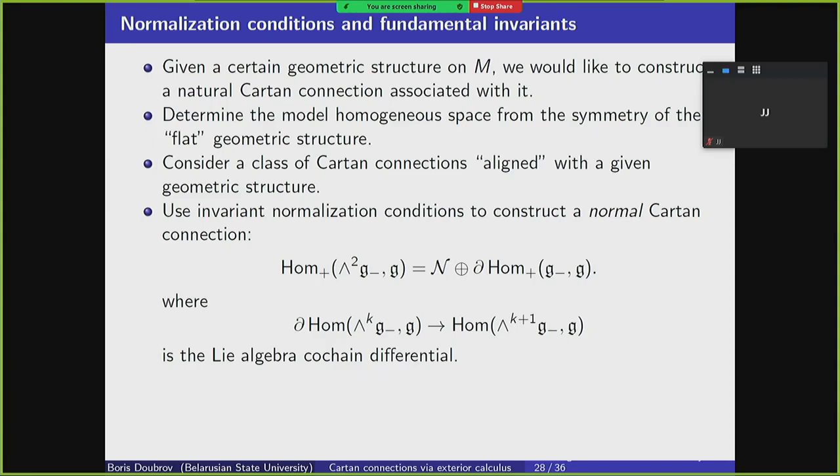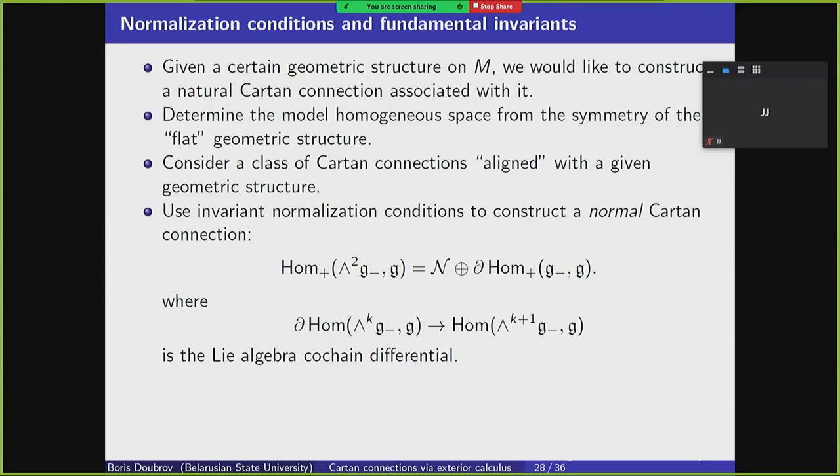And then it's an exercise, not the simplest one, that in order to define normality conditions that uniquely determine our Cartan connection, we need that these normalization conditions are complementary to the image of the Lie algebra codifferential for cochains.